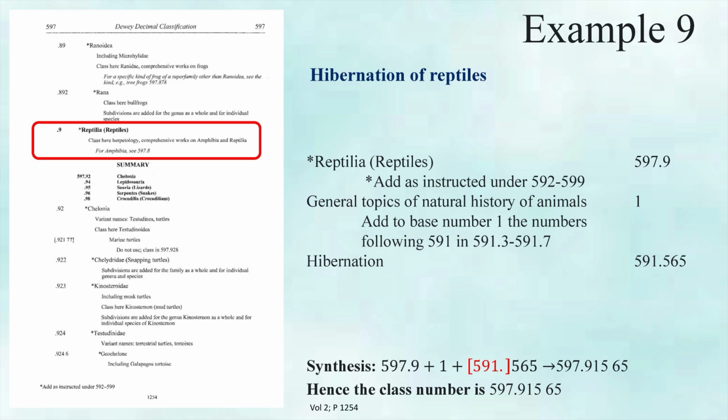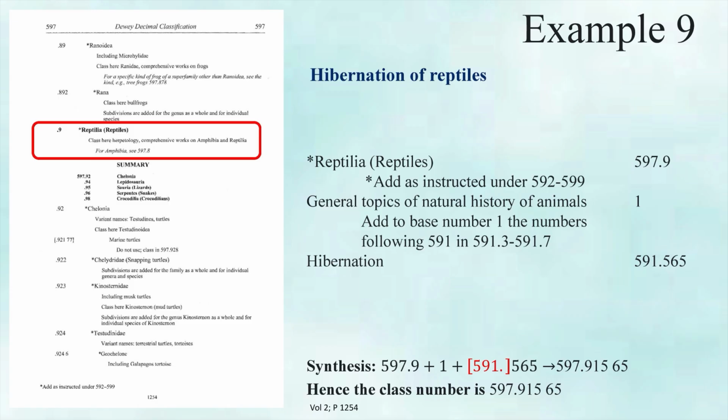There we find the general topics of natural history of animals, that is 1. Under 1, there is an instruction again: add to base number 1 the numbers following 591 in 591.3 to 591.7. Hibernation is a basic phenomenon, and the number for hibernation is 591.565.